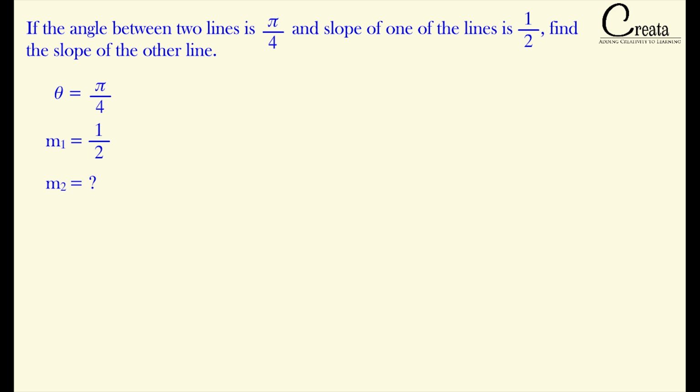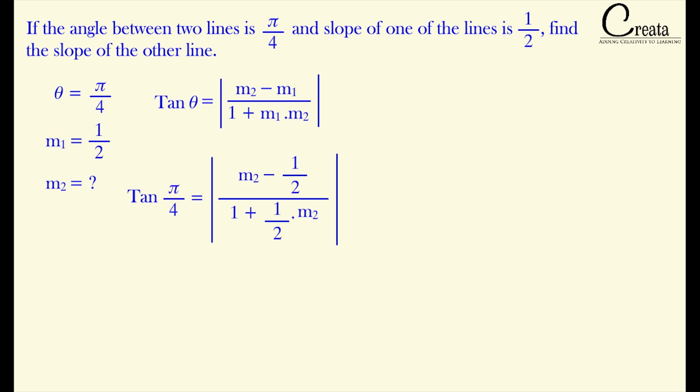So let's use our formula, that is tan theta is equal to mod of m2 minus m1 upon 1 plus m1 into m2. Let's put the value. We got tan pi by 4 is equal to m2 minus 1 by 2 upon 1 plus half into m2. And tan pi by 4 is equal to 1.